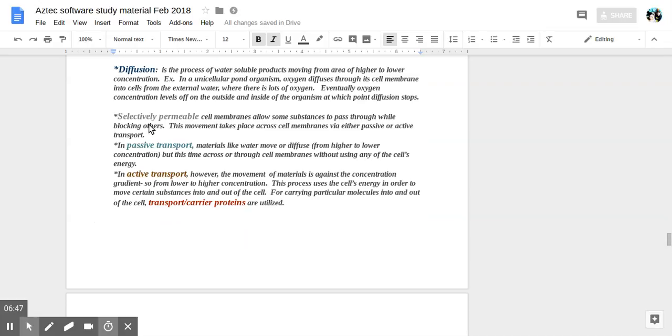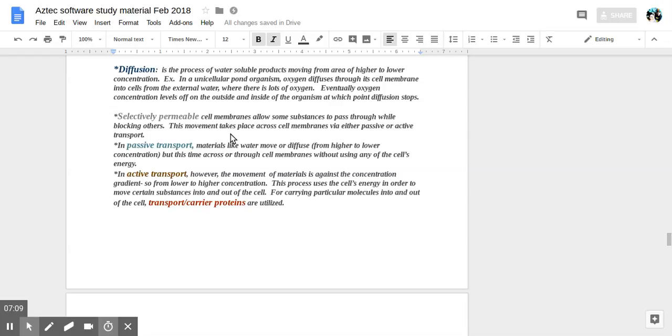And there's different kinds of diffusion. Here, read this. Selectively permeable cell membranes allow some substances to pass through while blocking others.